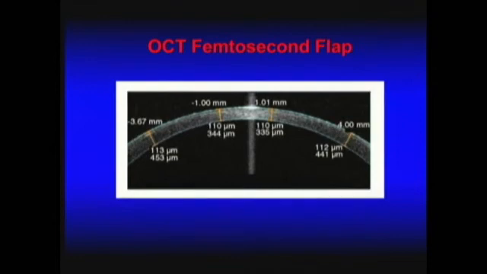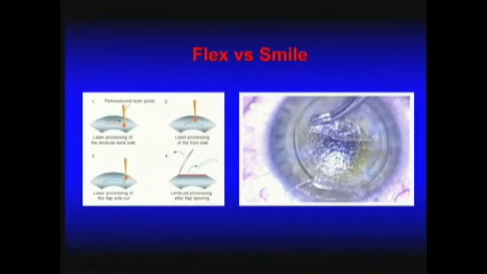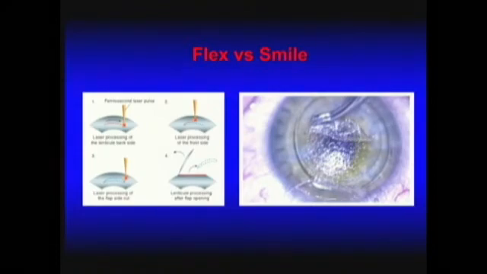In this, you can see a very regular flap, and you can control also very precisely the depth of the flaps. There are 2 techniques, flex and smile. Flex is when they do the intrastromal ablation without creating huge flaps.